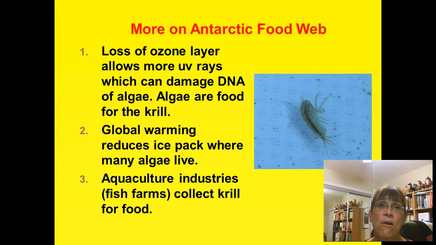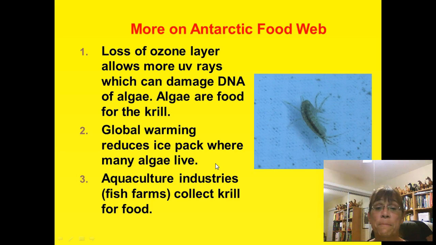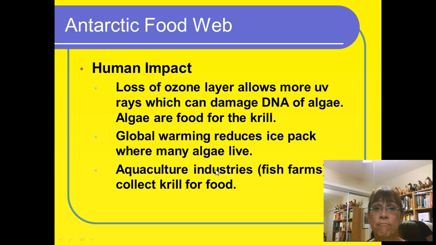So the less krill there are, the less whales there are going to be, the less seals there are going to be, and I'm just going to flip back again so you can see this. The less squid, the less fish. This is a big deal for the Antarctic food web. And once again, this is human impact: loss of ozone, global warming, and aquatic fish farms.